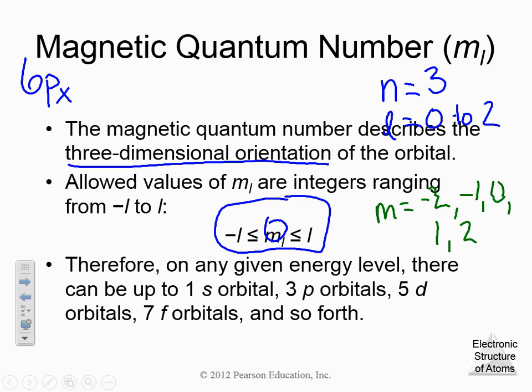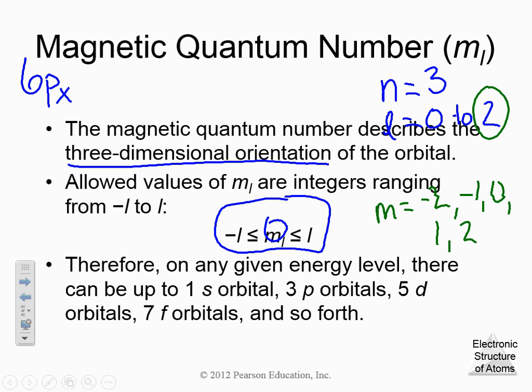So it's greater than or equal to negative L. So negative 2, negative 1, 0, 1, and 2 are all greater than or equal to negative 2, and they're all less than or equal to 2. So I have a range from negative 2 to 2. Since 2 is my highest possible value for L, my whole numbers in that range are negative 2, negative 1, 0, 1, and 2.